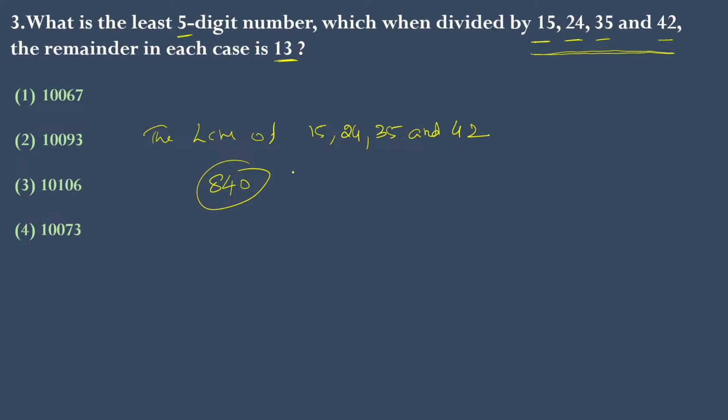Then find the multiple of 840 which is nearer to the numbers. Here the options are all nearer to 10,000.